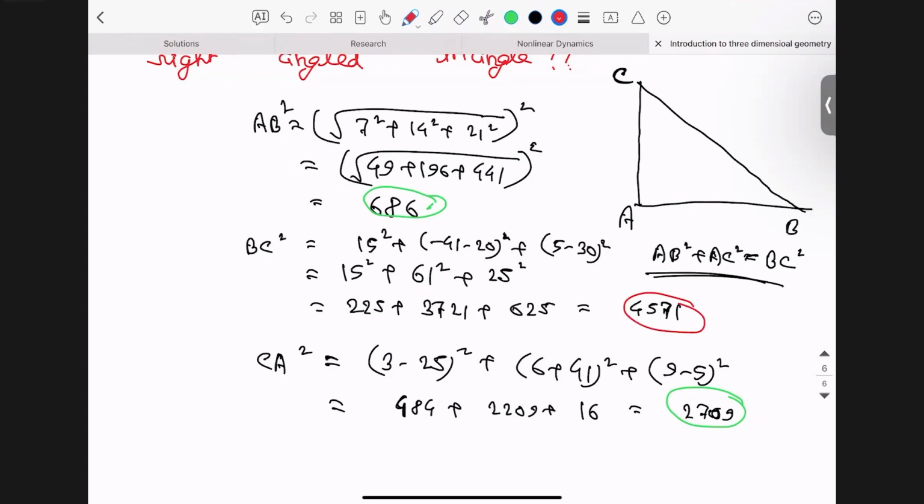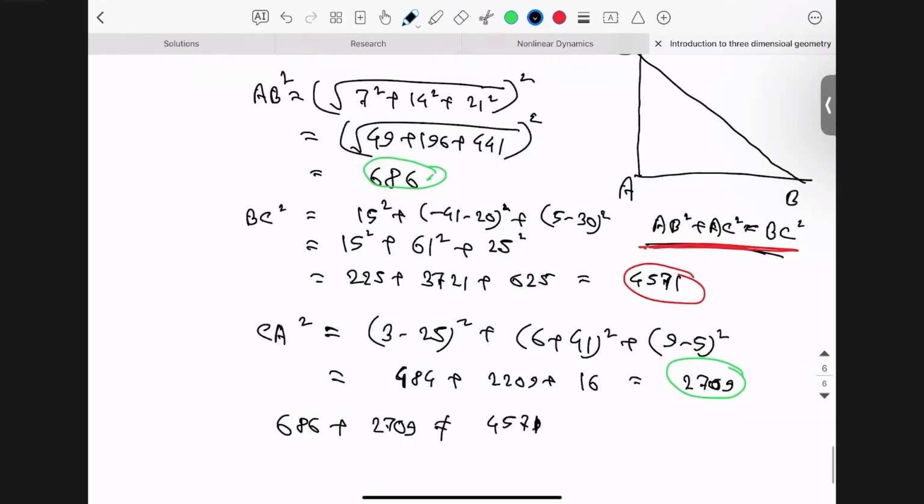And now the next step is: is this satisfying this condition or not? Clearly you can see that the sum of these two smaller ones, like 686 plus 2709, can't be equal to 4571. This means AB square plus CA square is not equal to BC square.